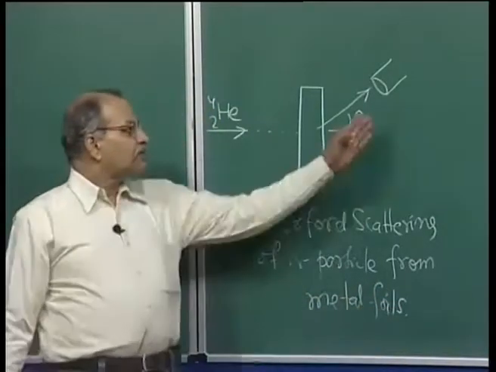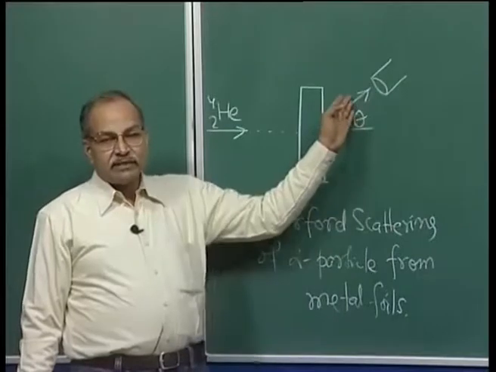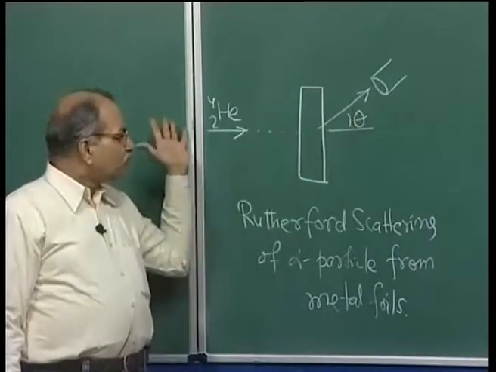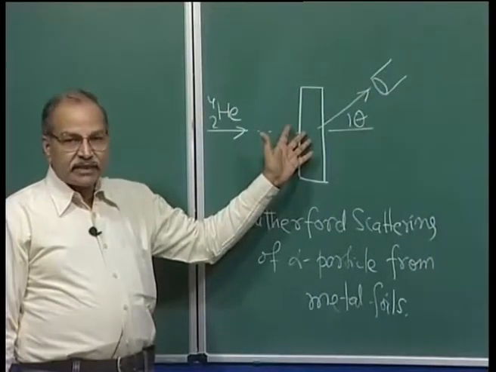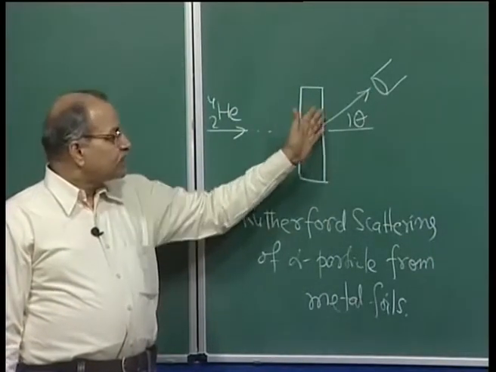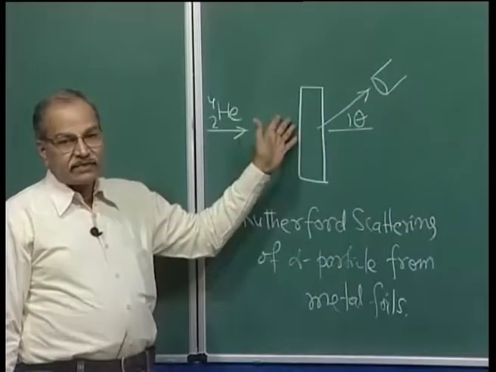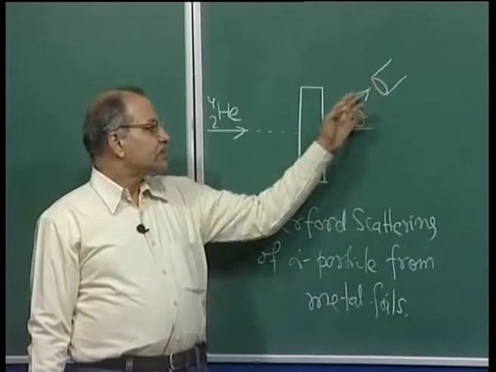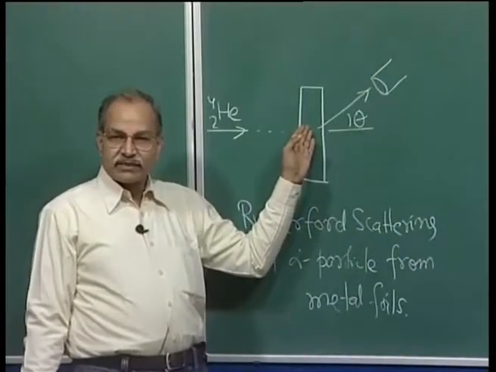So, the number of particles detected at a particular scattering angle theta will depend on the number of particles falling on the target in that time, the number of target nuclei with which they are interacting, the solid angle subtended by the detector, all those things.